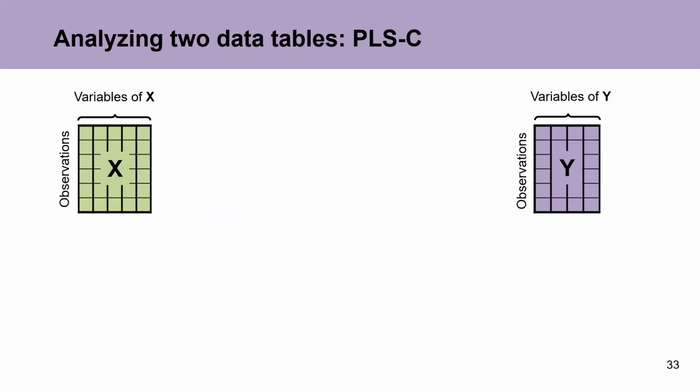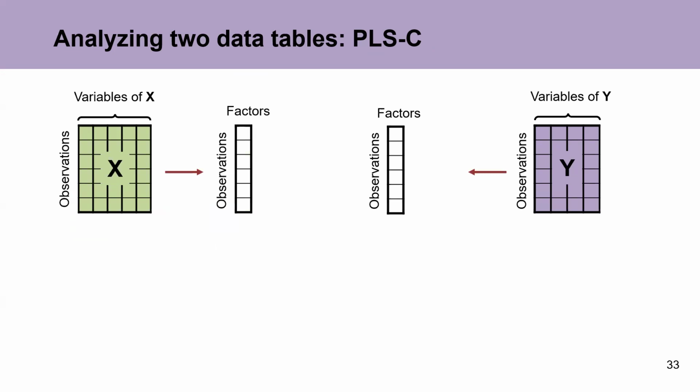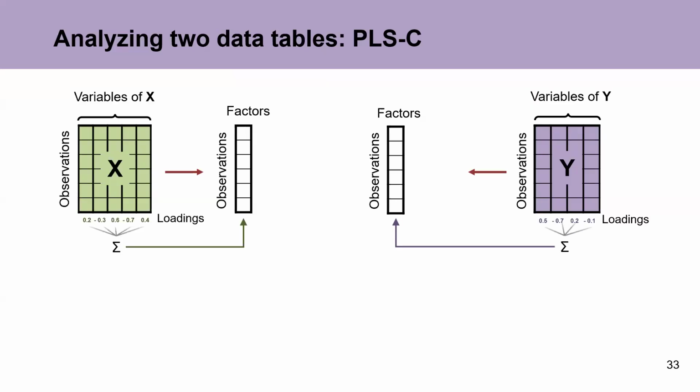We'll come back to that, but if we go back to the linear combination, remember the rotation from the two spaces? What it's doing is extracting the factor scores respectively from the two tables by creating respective linear combinations from the two tables. And in the PLS-C scenario, we often call these factor scores latent variables. And that's what you will hear.